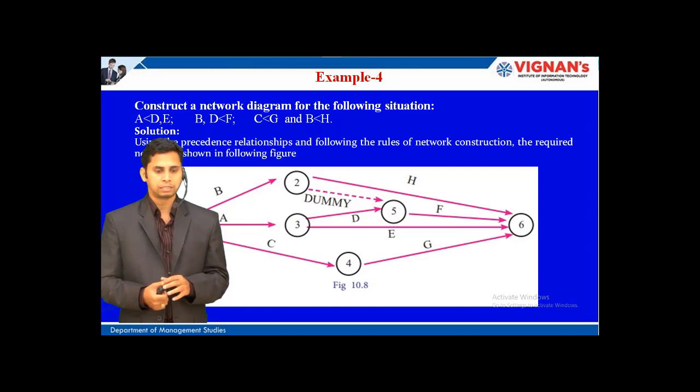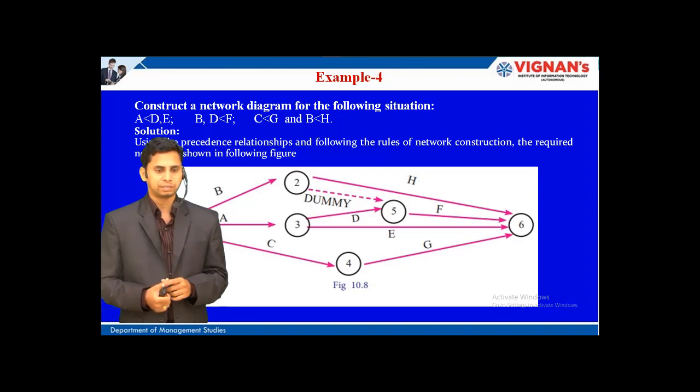A is the predecessor, and that is also ensured here. And then G. For G, what is the predecessor? C < G, so C is the predecessor for G. So you can ensure that.